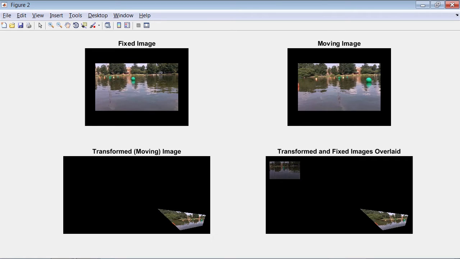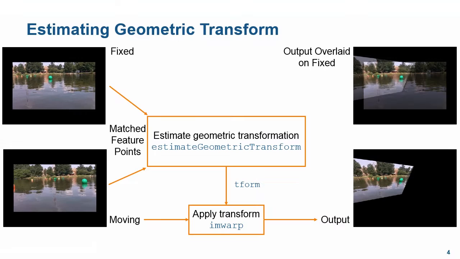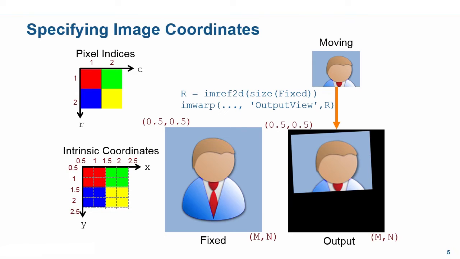Let's go back to the presentation to see what this means. For example, we have a fixed and a moving image here. To express the moving image in terms of the fixed image coordinate system, we can create an image coordinate reference system. We can do this using the imref2d function.